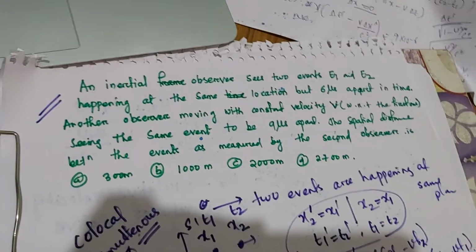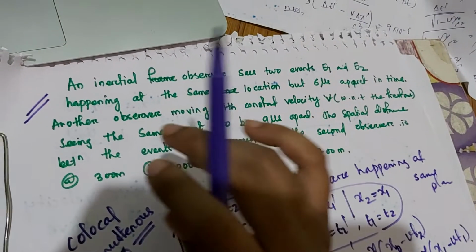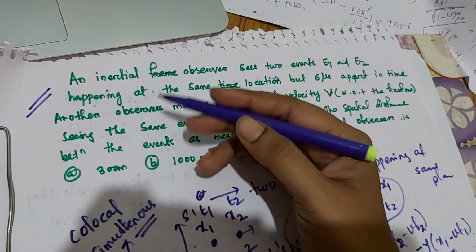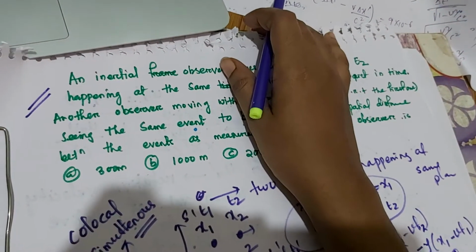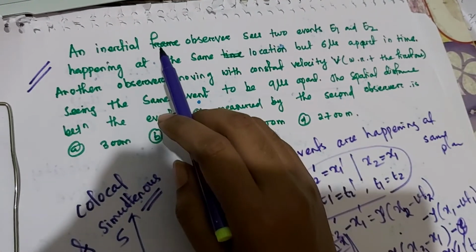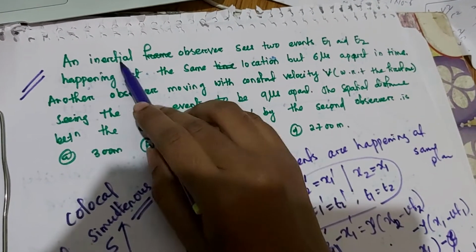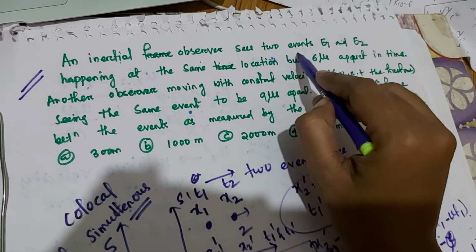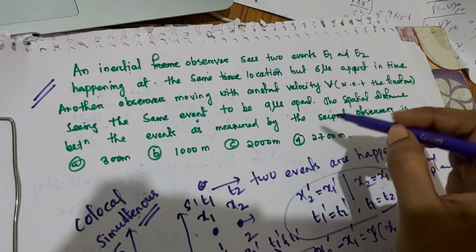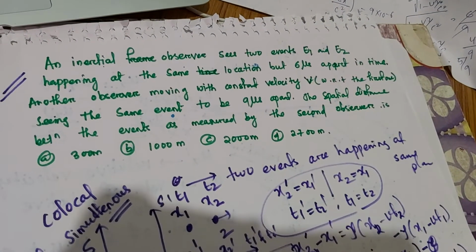If I come to the question, you have to just identify what is co-local and what is simultaneous, and by solving this question I will give you the tricks for how to move forward. The question is: an inertial observer sees two events E1 and E2 happening at the same location but 6 microseconds apart in time.